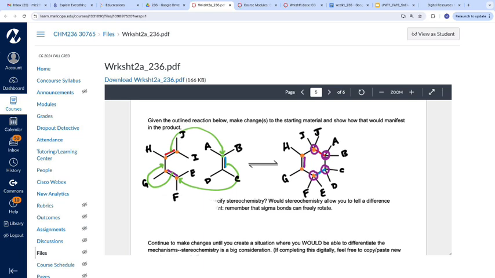Let's see if I can pull that off a little bit. Just stay bent. So there's the thing. That's the sigma bond. That's the sigma bond to A.